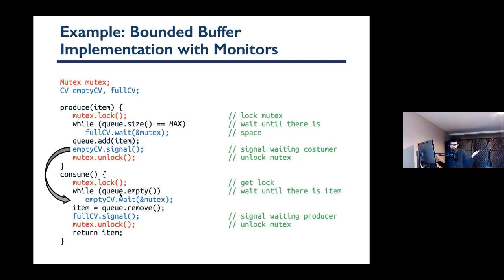But ever since, there might have been other new consumers that have consumed that item that you were woken up for. So now you have to check it again because you didn't run immediately after you woke up. So this is why you have to have it in a while. And let's say, for the sake of argument, the queue is not empty, so you can remove the item.